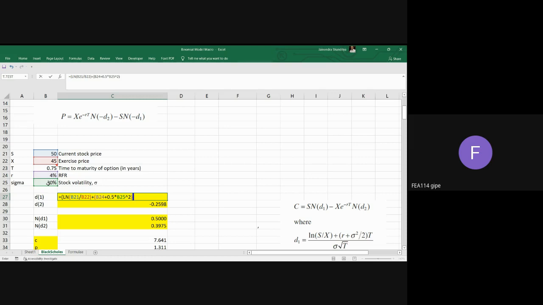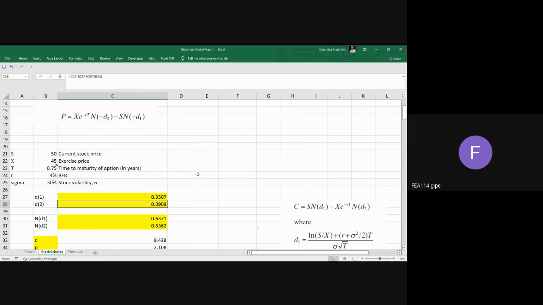Then I multiply this with time, which is 0.75. Then I divide the entire thing. I take a bracket, because if I don't take a bracket, Excel will not understand that the whole thing is being divided. So first is sigma times SQRT of time. That's it, and then one more bracket is required, and then I press enter.